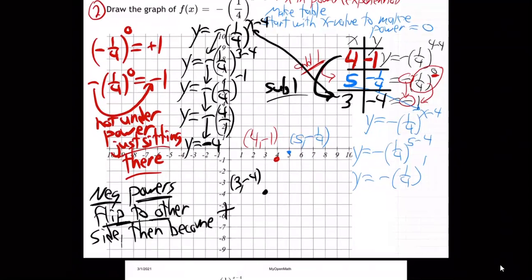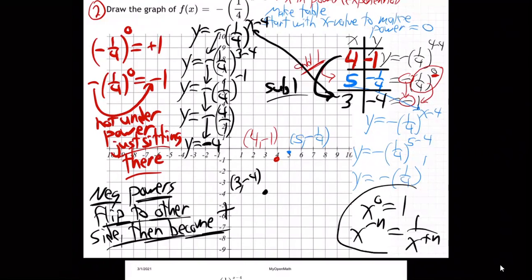You really need to know that in this chapter. This chapter is all about powers. And so you got to be clear that a 0 power is 1, and a negative power on something flips it, and then it becomes positive. You got to know those 2 rules for powers. We're going to use them a ton.